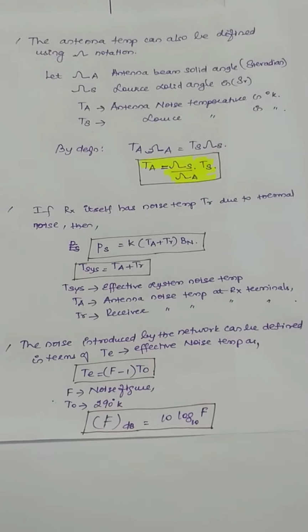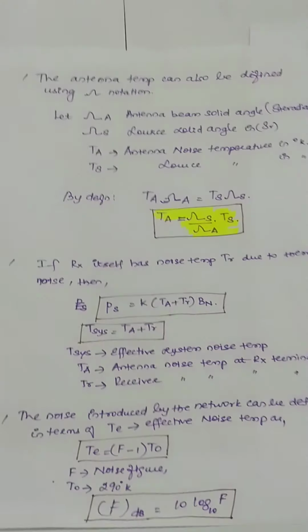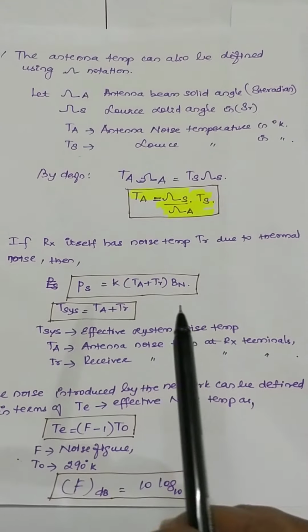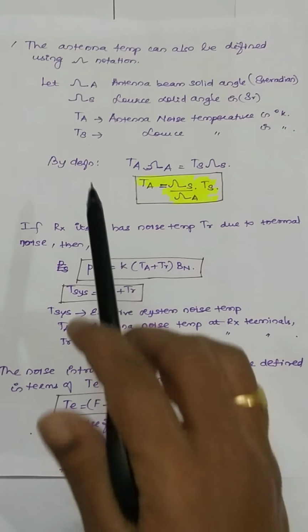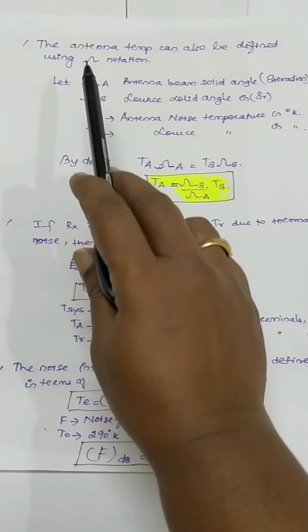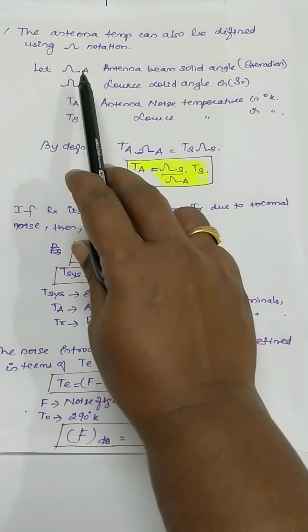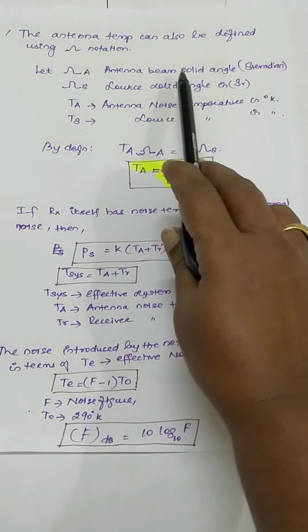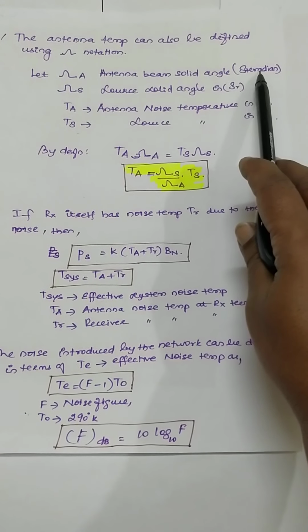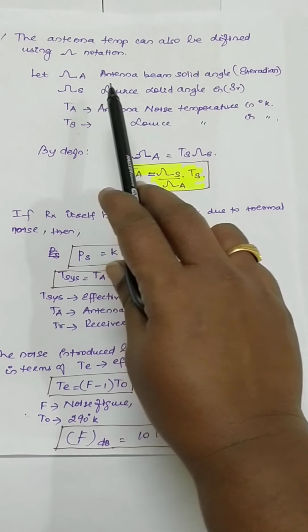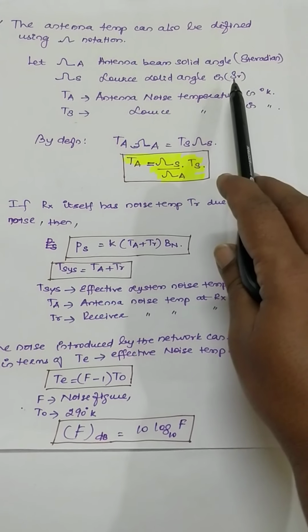This antenna temperature can also be defined in terms of the beam angle. Already we have seen the omega notation. We have two cases here. Let us assume omega A to be the antenna beam solid angle in steradian. Likewise, omega S is the source solid angle, again in steradian.